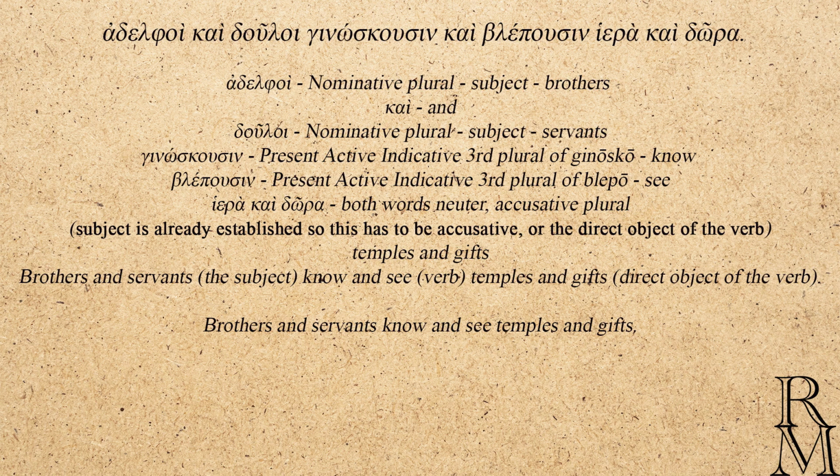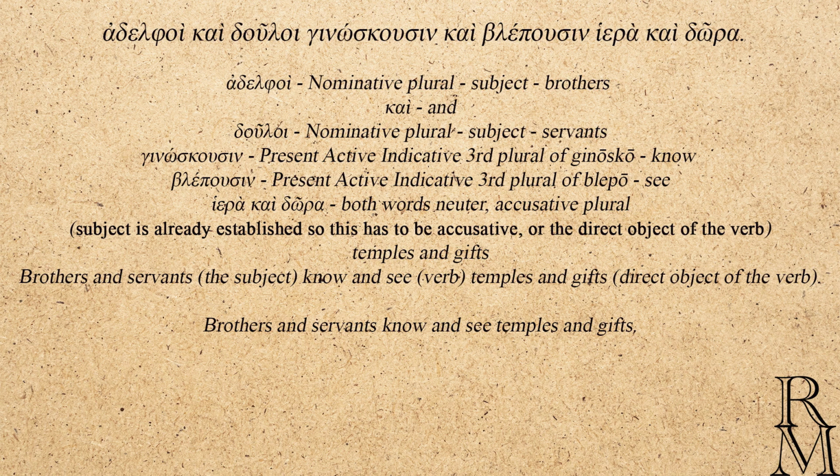Blepousin is the present active indicative, third person plural of blepo, which is see. You will understand that by the ending of the word, that omicron, upsilon, sigma, iota, and both of these have the movable nu. So you have Adelphoi, kai douloi, ginoskousin, kai blepousin. Brothers and servants know and see.